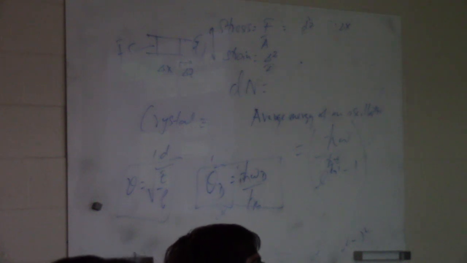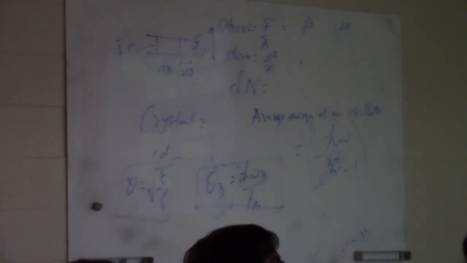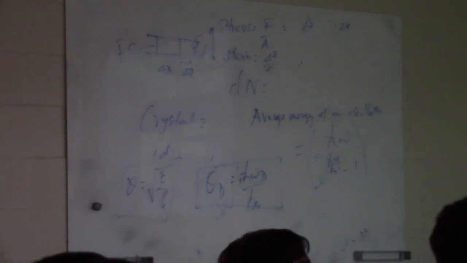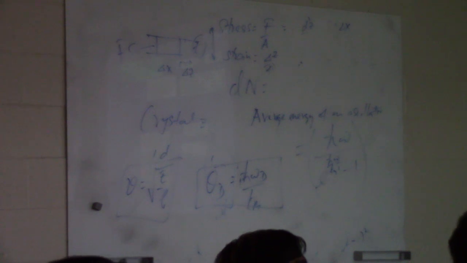So T much greater means C is very small, because T is in the denominator. That means you can assume C goes to 0, then e^C becomes 1 plus C.